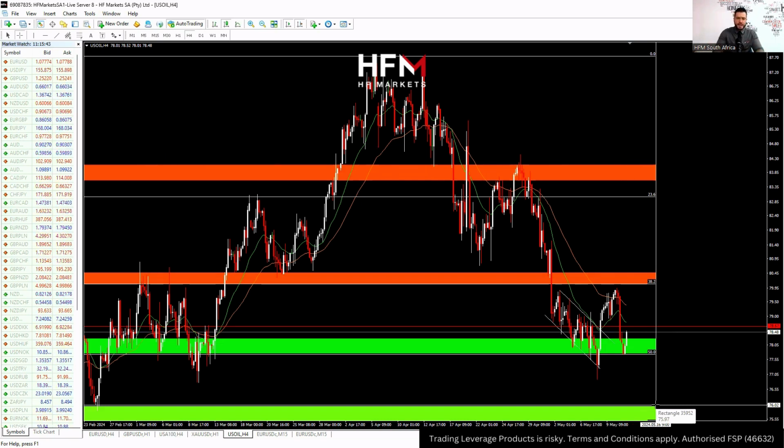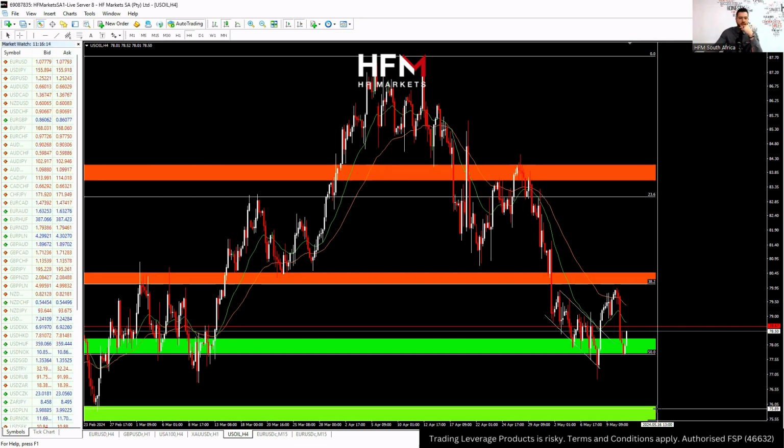Now, if we do look at the current fundamentals behind our oil pair as well, we can see that both Brent and crude futures over the last week, as you can see on the chart as well, have shown very minimal changes and minimal movement. This is primarily due to that potential expectation for prolonged higher US interest rates, which is obviously weighing down oil as well and putting some pressure on oil.